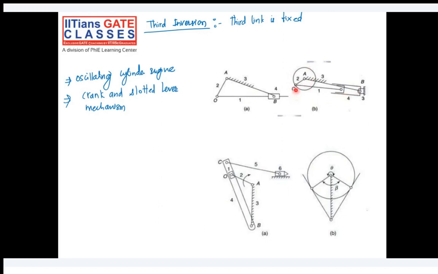Can I proceed towards the next slide? Okay. This is the last inversion, which is the fourth inversion.